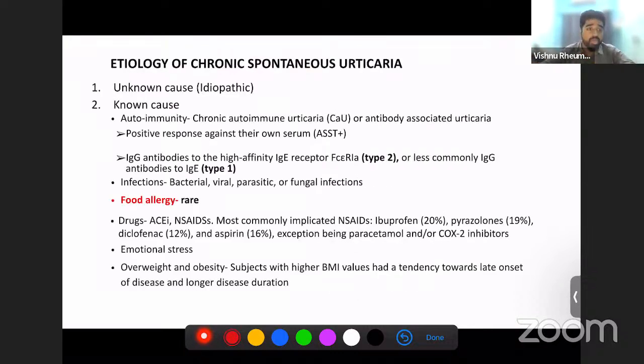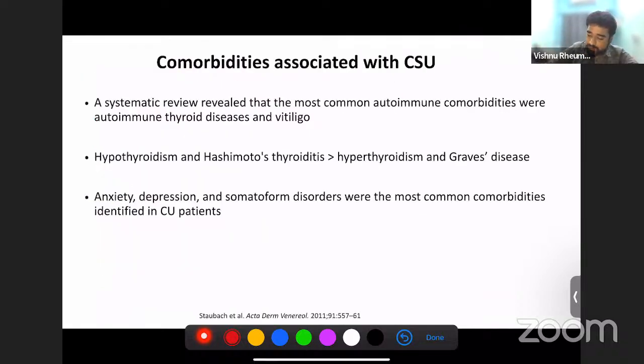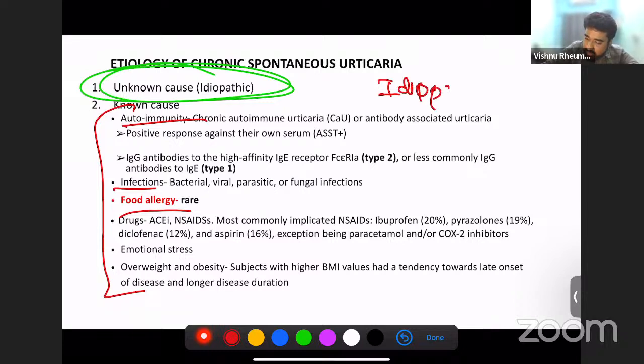So now coming to the most important part, that is chronic spontaneous urticaria. Again, this can be idiopathic. Once you have ruled out all your causes, either autoimmunity, infections, food allergies, drugs, emotional stresses, you say that it is idiopathic urticaria. Even if the dermatologist is referring to you, more often than not, you will end up with this diagnosis, that is idiopathic chronic spontaneous urticaria.